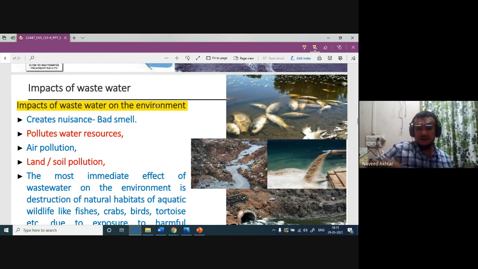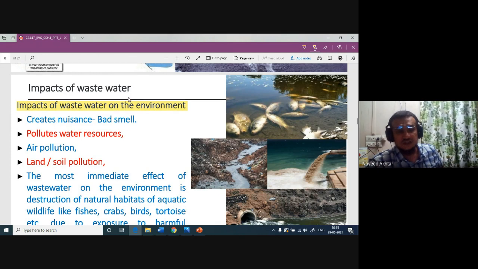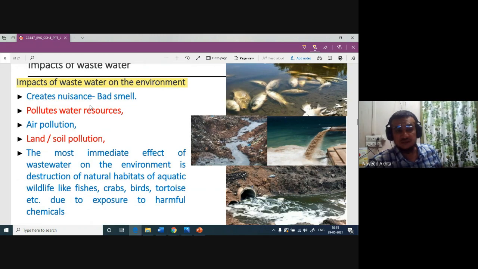So there will be an impact if the wastages from domestic waste, industrial waste, or sanitary waste are directly released into our water bodies. Then this impact of wastewater will be seen.